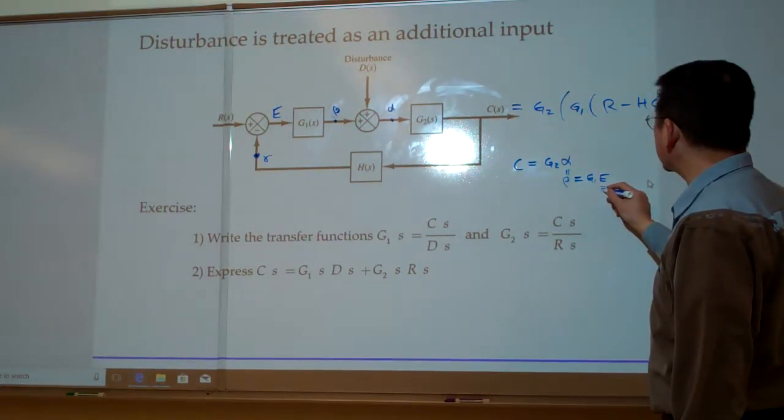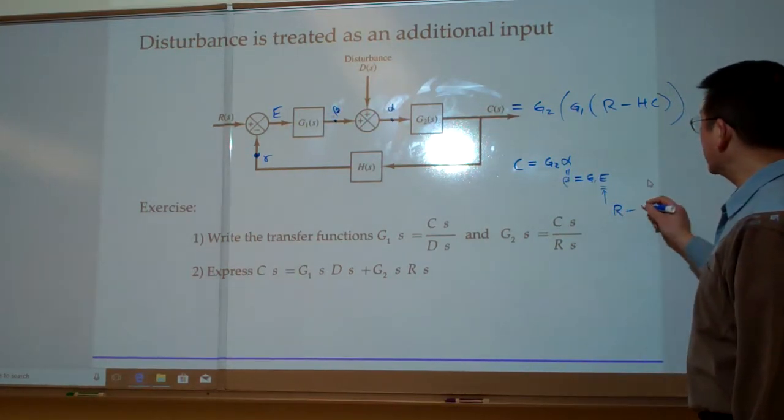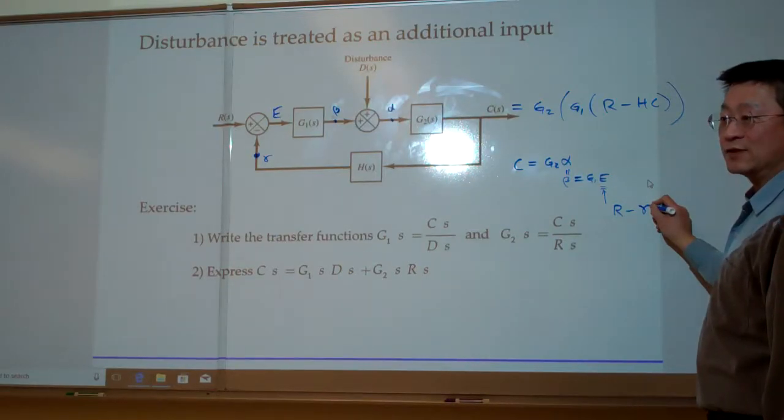E is equal to R minus gamma. And what is gamma?